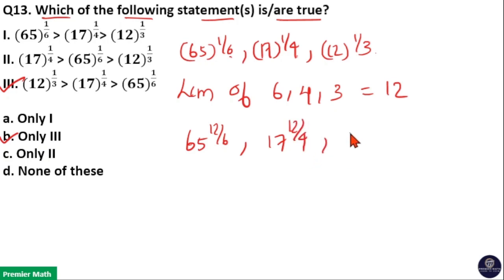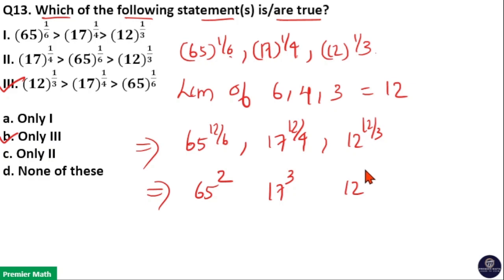And 12 raised to 1 by 3 into 12 means 12 by 3. Now, this will become 65 square, 17 cube and 12 raised to 4. Now, from this, it is clear that 65, 17 and 12 are 2-digit numbers.